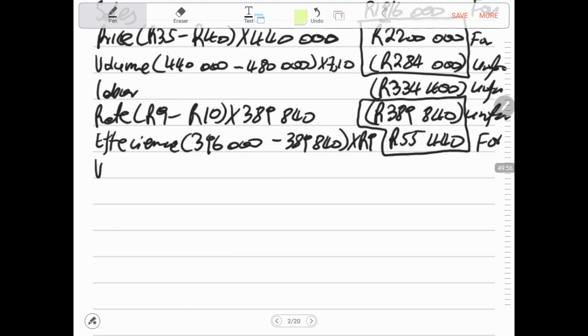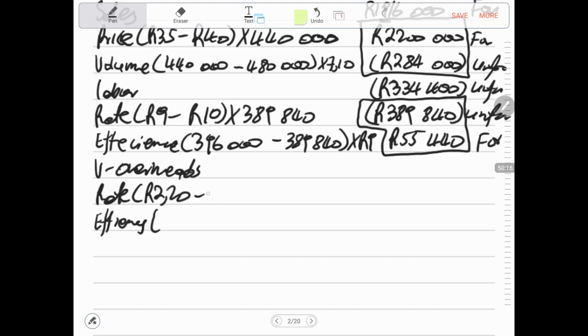Then we go to variable overheads. Our variable overheads, we have the rate, which is the standard rate, then after we have the efficiency. Then our rate, we go and look for the rate, which was 2 rand 20 cents, and the actual rate was 2 rand 22,502.